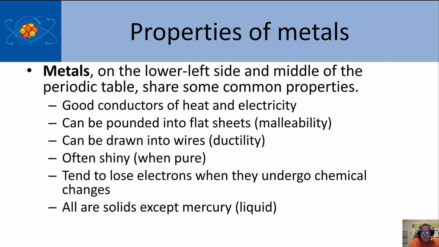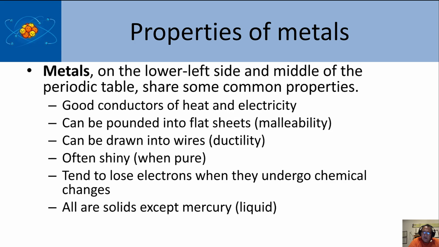They're shiny when they're pure, right? Often you'll see a metal like aluminum that doesn't look that shiny, because when you're looking at aluminum, you're looking at aluminum oxide, which is not shiny. It's a compound. But pure aluminum, when you scratch it, you'll see a shiny surface for a brief moment, and then it gets cloudy because it reacts with oxygen in the air.